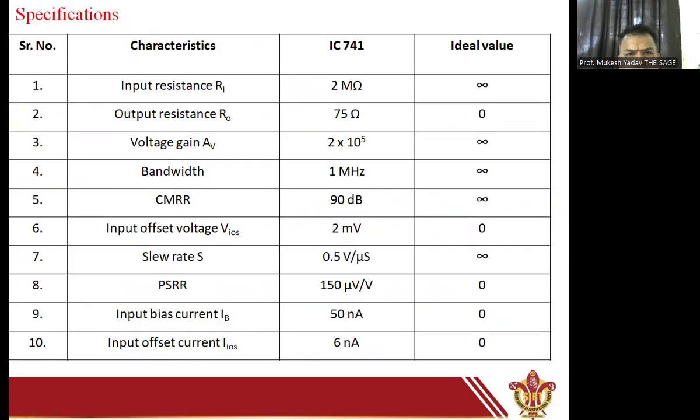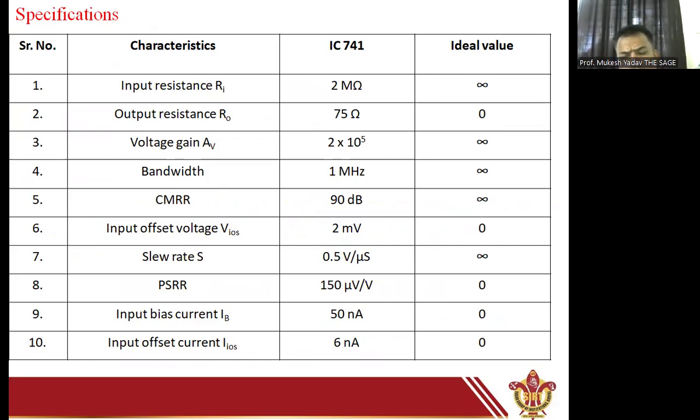These are the characteristics of the operational amplifier. Input resistance is ideally infinite, but for IC741 it is 2 megaohm. Output resistance is ideally 0, and the IC741 output resistance is 75 ohm.